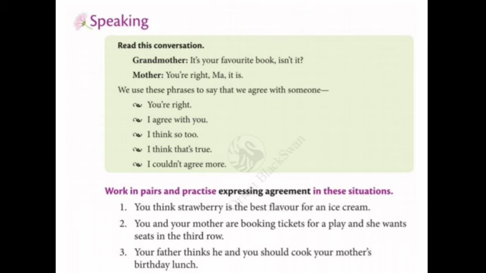I couldn't agree more. So these are a few phrases to say that we agree with someone. Whenever we are discussing something, someone will be agreeing and someone will be showing their disagreement. So today we are going to learn how to agree with a situation, and how to use phrases to say that you agree.